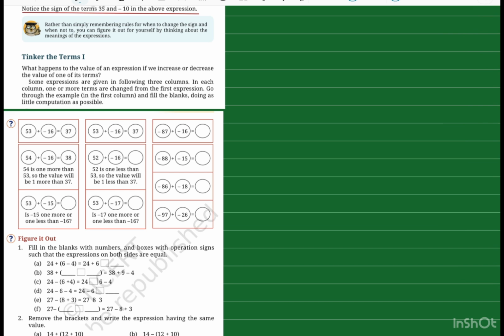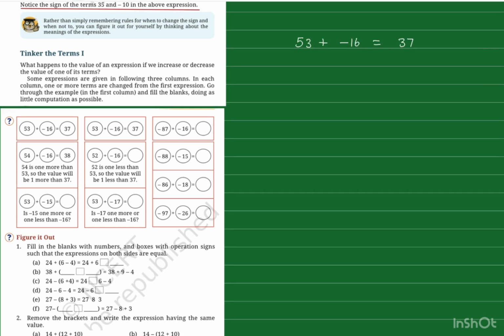The value of an expression if we increase or decrease the value of one of its terms. First we are given 53 plus minus 16. If we increase 53 to 54, then the value will be 1 more: 37 plus 1, 38.